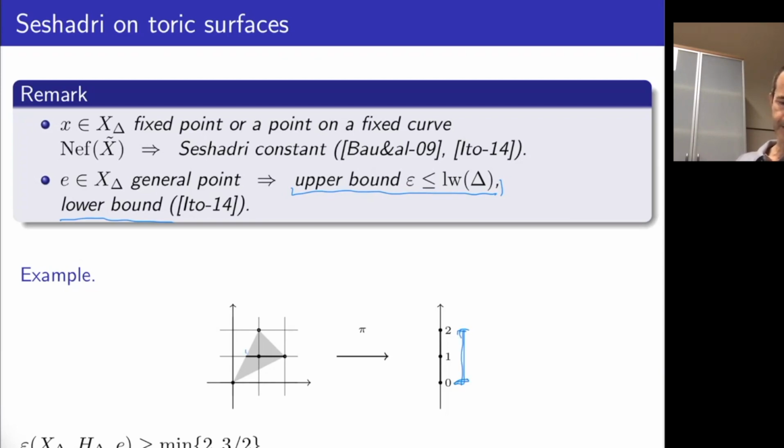We consider also the length of a section, so we intersect a section of this projection with the polygon. In this case, we get 2 and 3/2. And the result says that the Seshadri constant is at least the minimum between these two numbers. So in this case, it is at least 3/2.